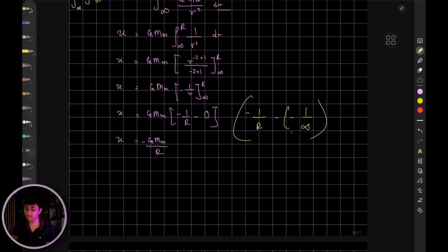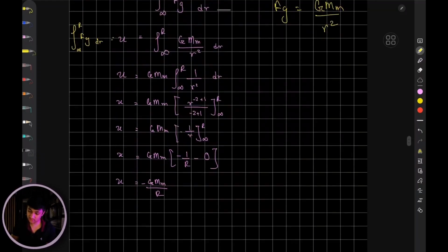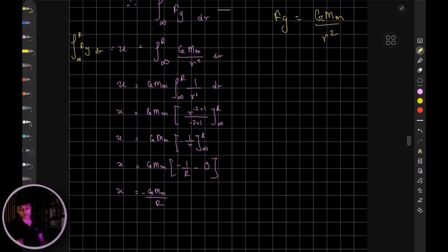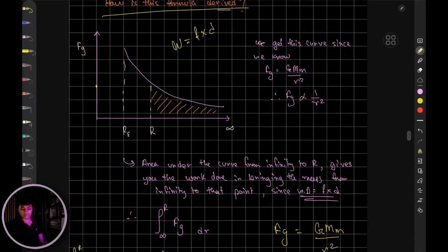So 1 by infinity is infinitely small, therefore we can write it as 0. So what you have over here is minus Gmm by r. So this is how you get the formula for gravitational potential energy. This is the work done bringing the object from infinity to a defined point r, right?